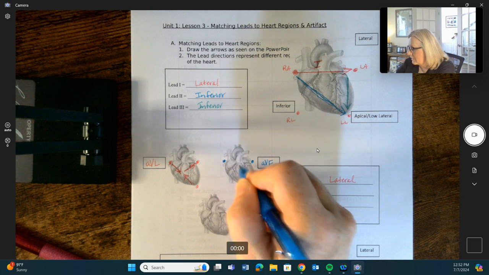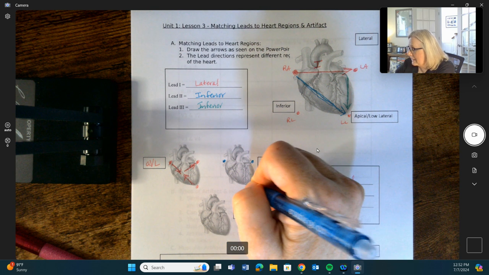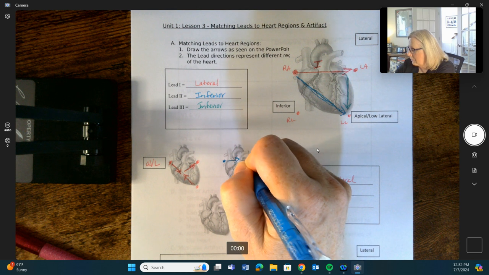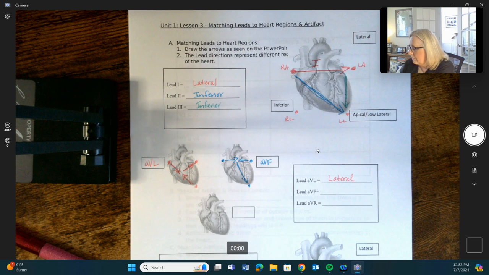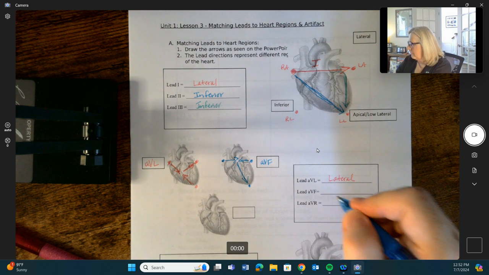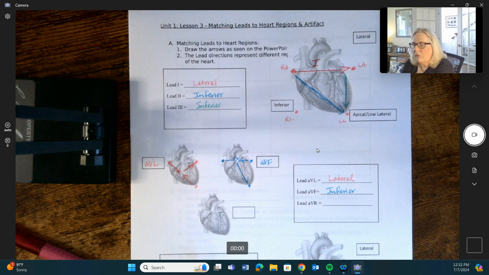Since I don't use this one, I'm not even going to draw it. So it's going to end here. That means these 2 have to first meet in the middle and head to the left foot. And since it's going to the left foot, way down below, that's inferior. So that is an inferior reading.